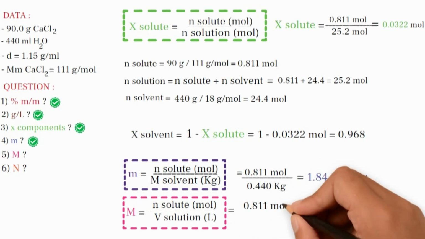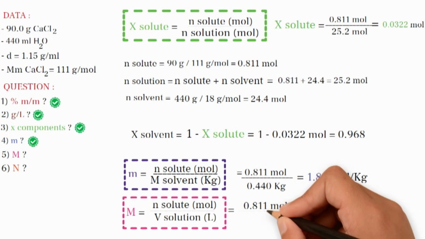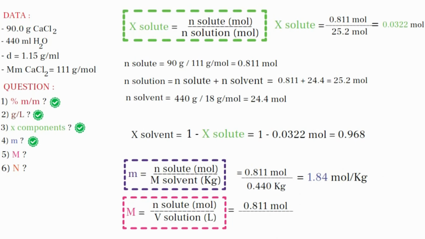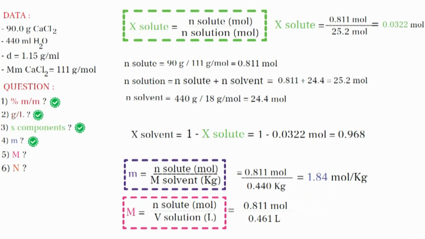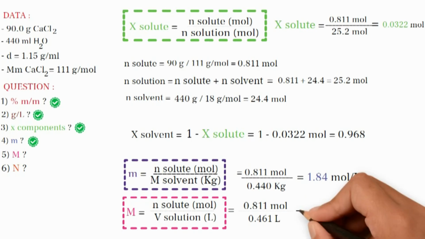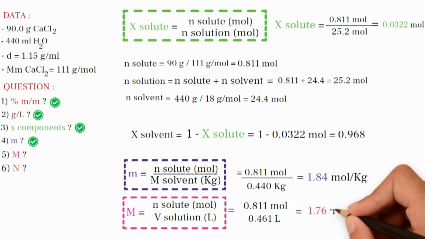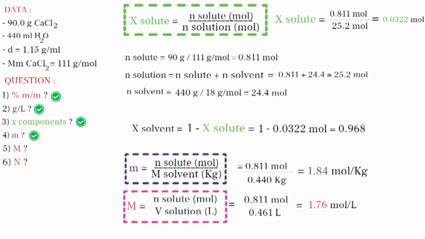And the volume of solution, we have also calculated before for calculating the grams over liter concentration. If you remember, it was 0.461 liters. So molarity is 1.76 mole over liter. As you can see, once you have calculated some concentration, to calculate the other one is very simple because many of the calculations you have already done.